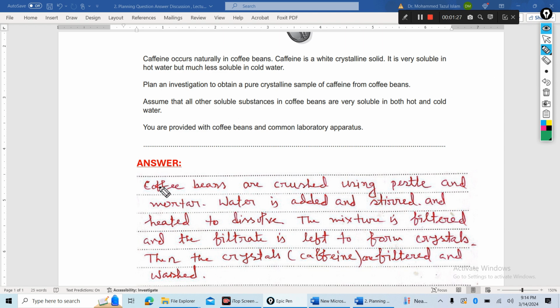At first, coffee beans are crushed or ground using pestle and mortar. Then water is added and stirred.